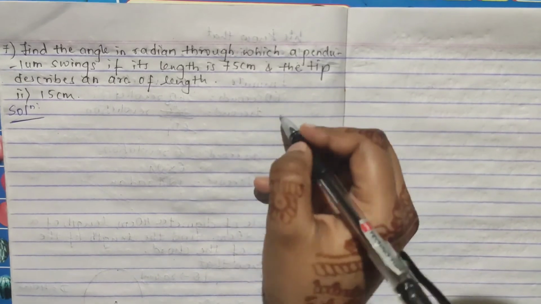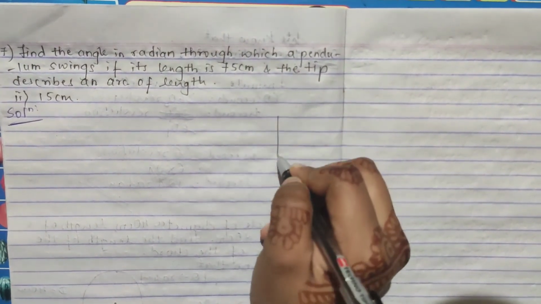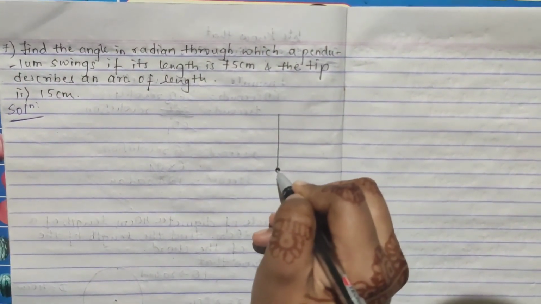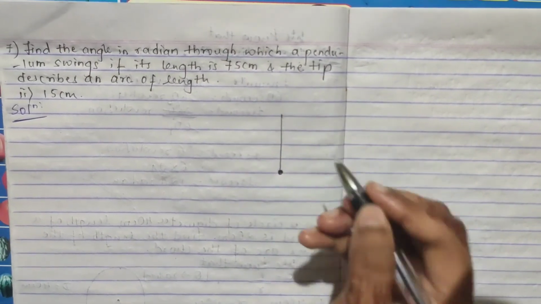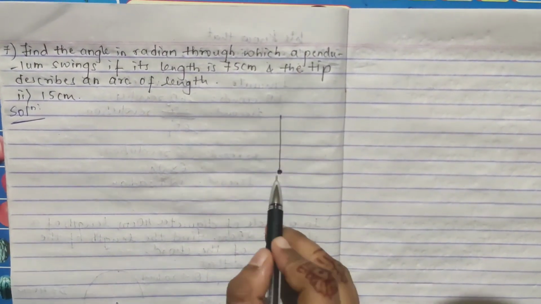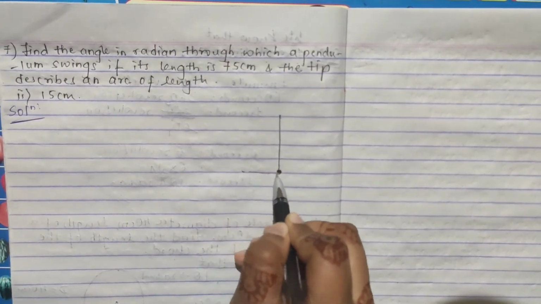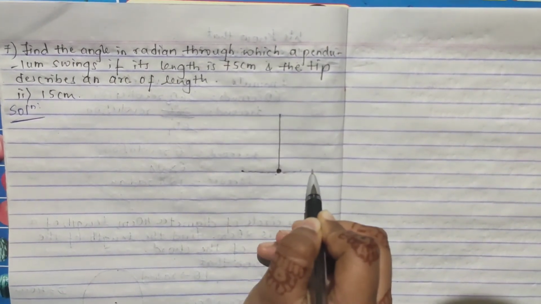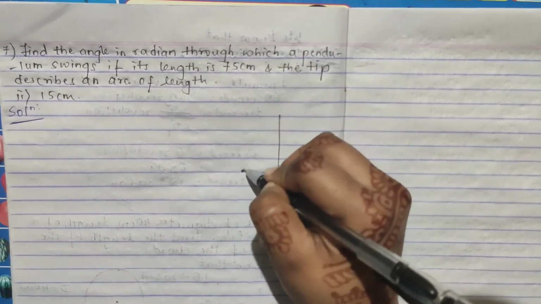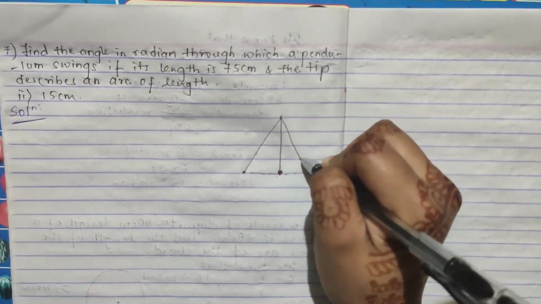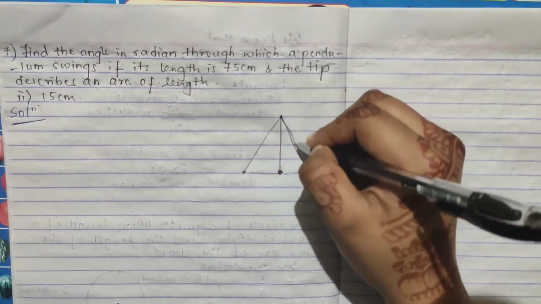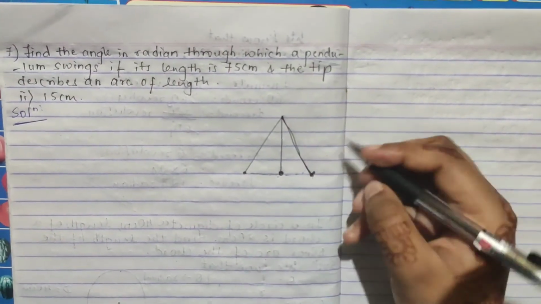Just take a pendulum, you know it swings. Suppose it swings till here, just draw a straight line, take it as straight.